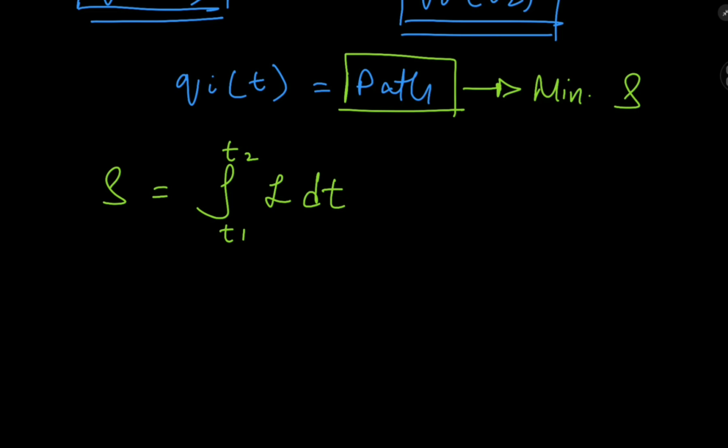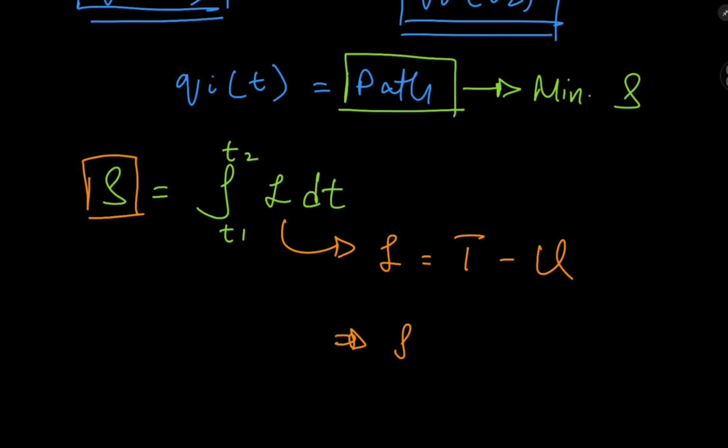Okay, that sounded extremely cool, but honestly wasn't really that helpful, right? Let me explain. Our goal is to minimize this function S defined in terms of an integral of a function L. And this function L, recall, is the difference between kinetic and potential energies.